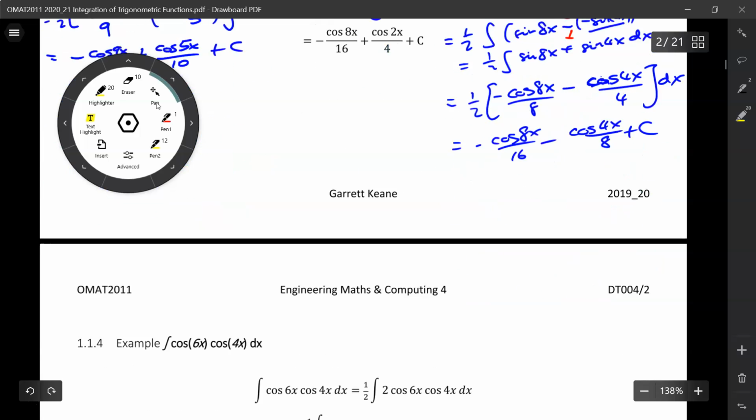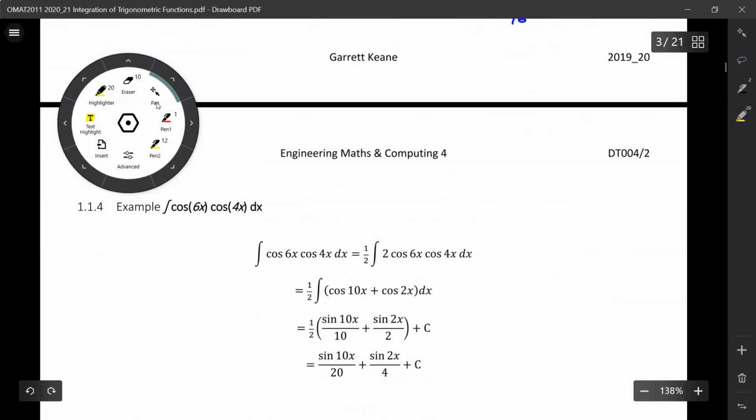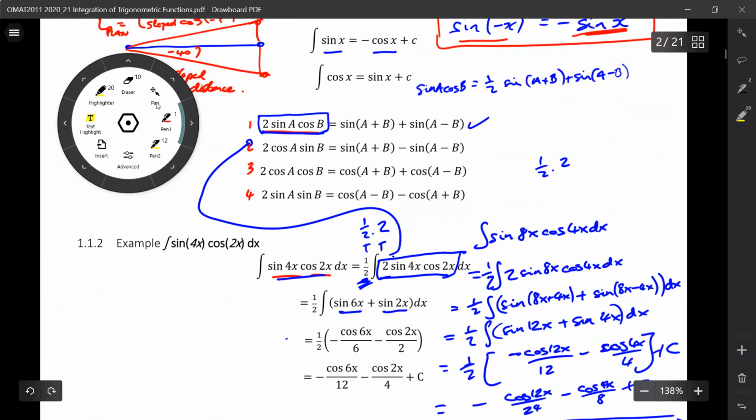Okay, so the next one we do then is this one. Cosine of 6x cosine of 4x, so we do obviously rule number 3. I have them in order here. Cosine A, cosine B is the cosine of A plus B plus the cosine of A minus B. So this is the rule that we're using.